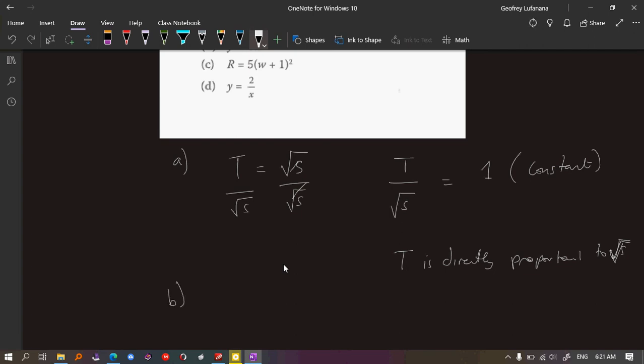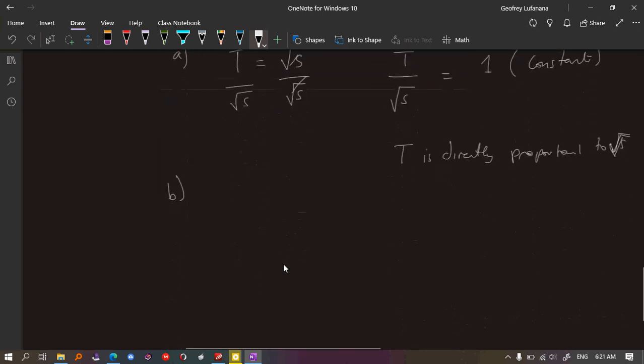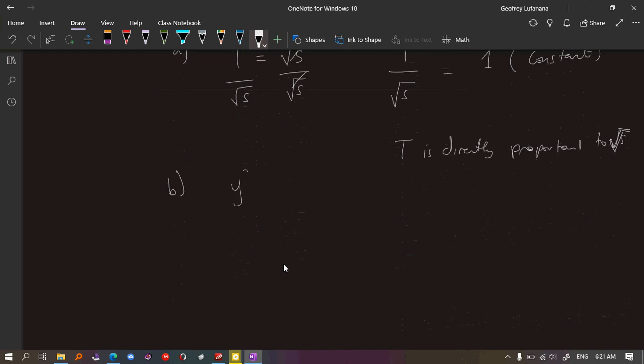My part B was y squared equals 7n. So I'll divide by n. I'll have y squared divided by n equals 7. 7 is a constant, it's a number. So y squared is directly proportional to n.